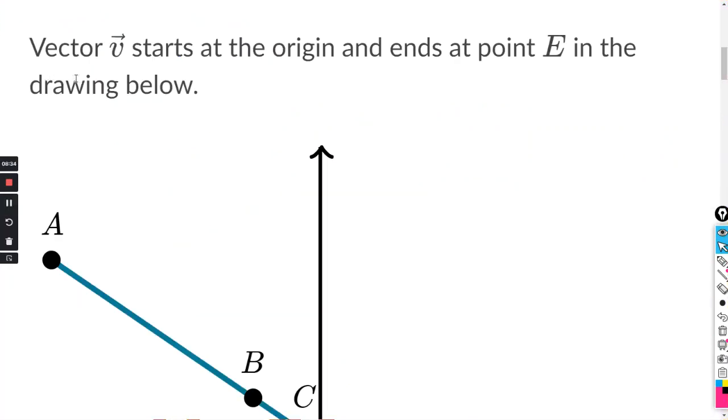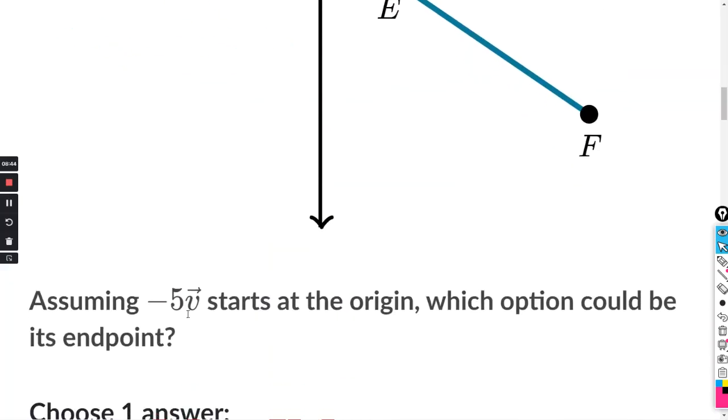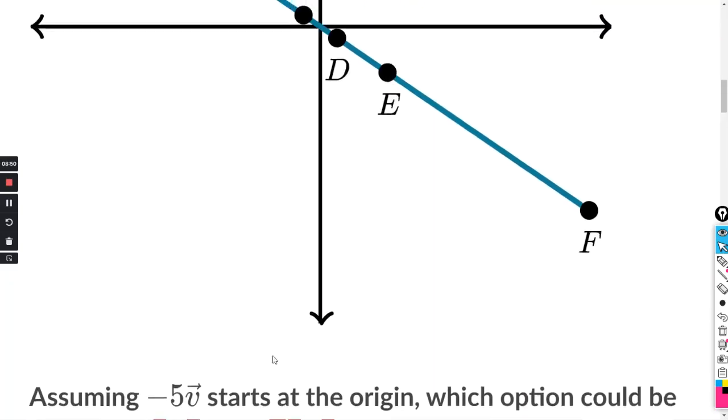It says vector v starts at the origin and ends at point E in the drawing below. So it starts at the origin and goes to point E. Assuming negative 5v starts at the origin, which option could be its endpoint? Let's see.